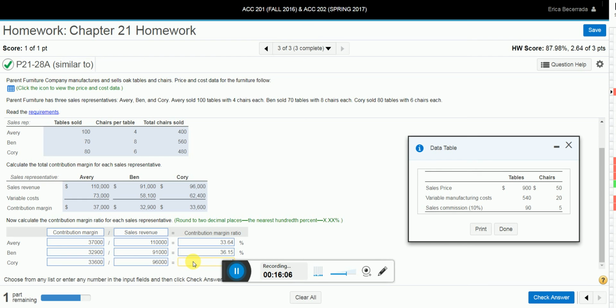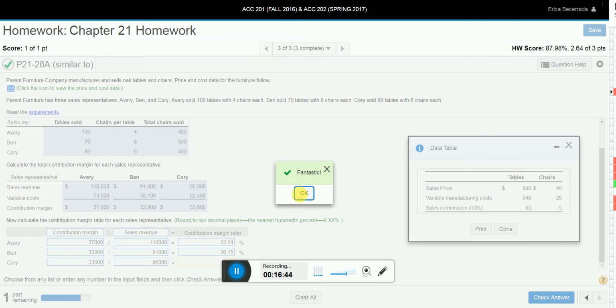We're going to divide those. We got 35%.